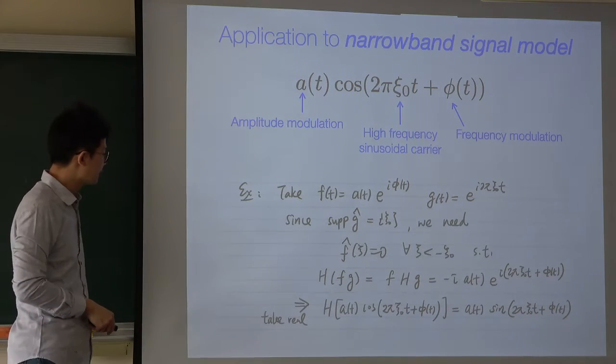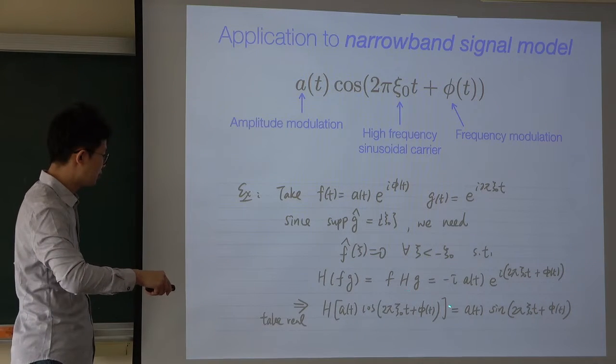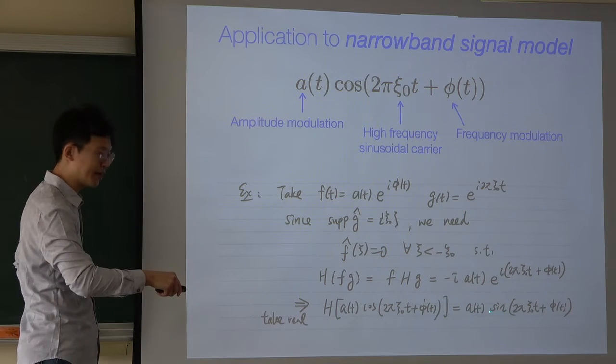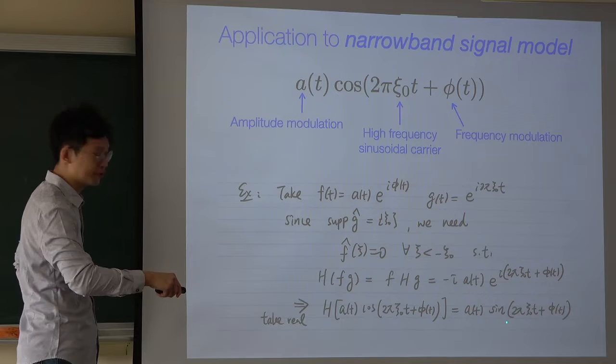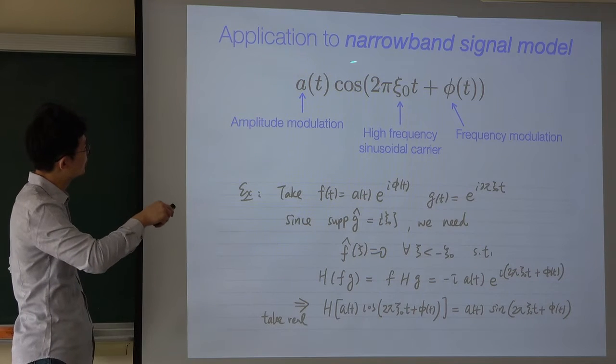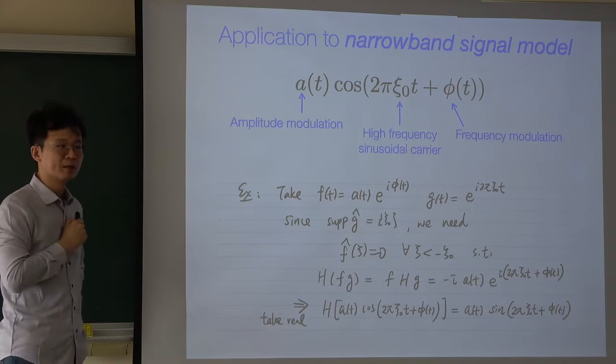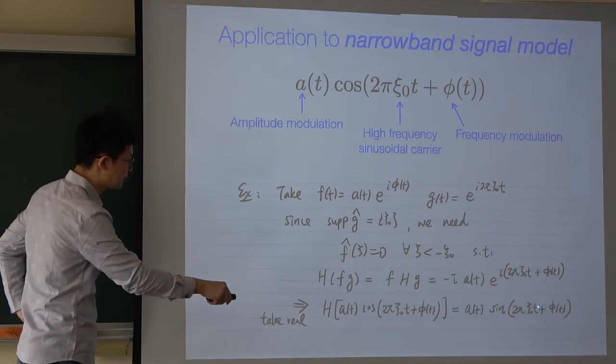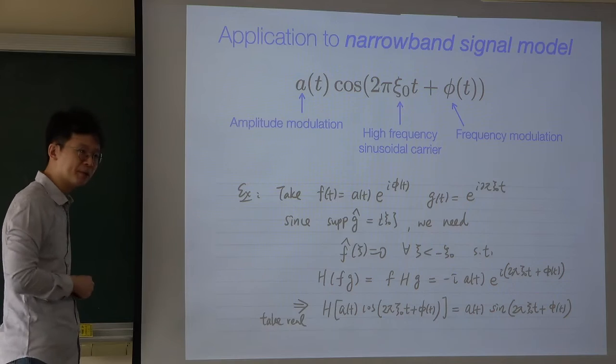And hence, you can get whatever you like, that is, the cosine becomes sine, so that you can reconstruct the complex form of this narrow band signal. And then you can recover amplitude modulation, then you can recover the frequency modulation because of c0.